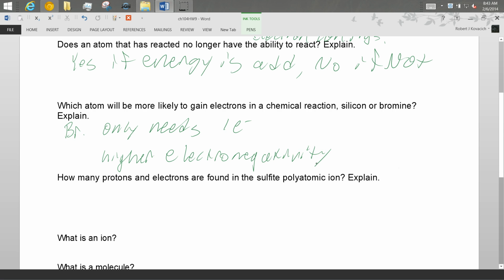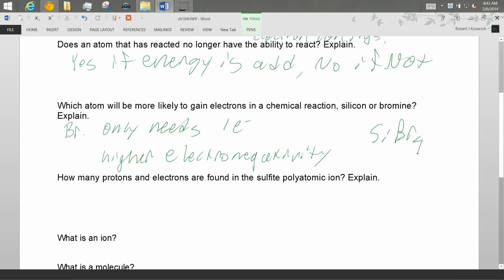So if silicon and bromine were going to make a compound together, what would happen with electrons? Silicon would give up 4 because it's in group 4, and so then you'd need 4 separate bromine atoms, each taking 1. You'd end up with an SiBr4 compound.